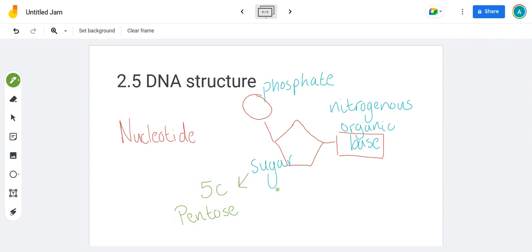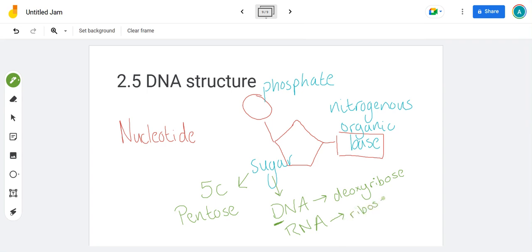Now there's two options of what the sugar could be. In DNA, which is the more common one, the sugar begins with D, hence why it's called DNA. That D is deoxyribose. And in RNA, which is another kind of genetic material that other organisms have, it's just ribose.